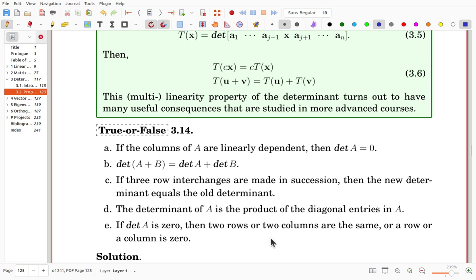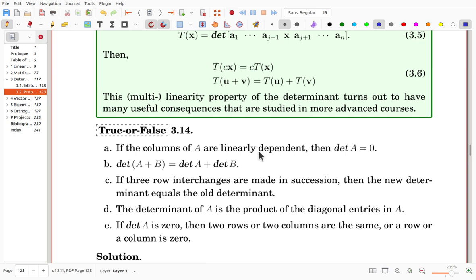Let's go to true or false problems. If the columns of A are linearly dependent, then the determinant of A is 0. Yeah, must be 0, right?